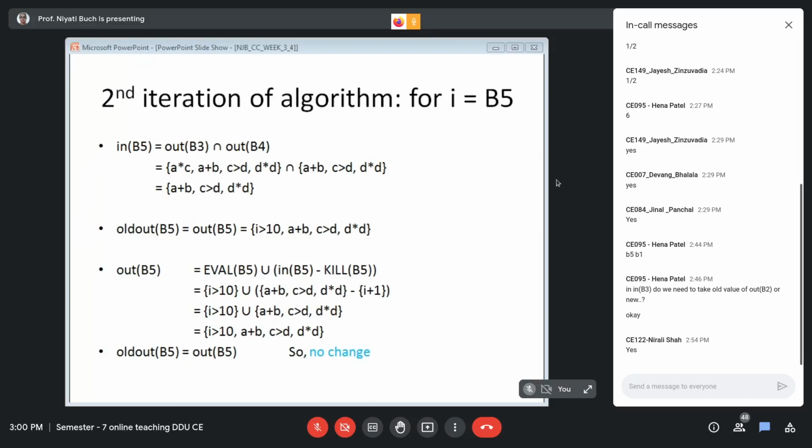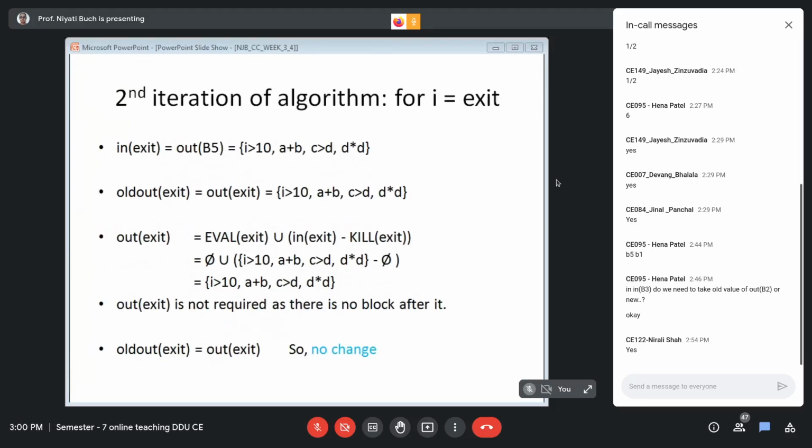Then when you take one more iteration, I'm sure you all will realize that the values for the remaining blocks will be the same. Though you have to compute it because the algorithm asks us to, it will give you the same value.